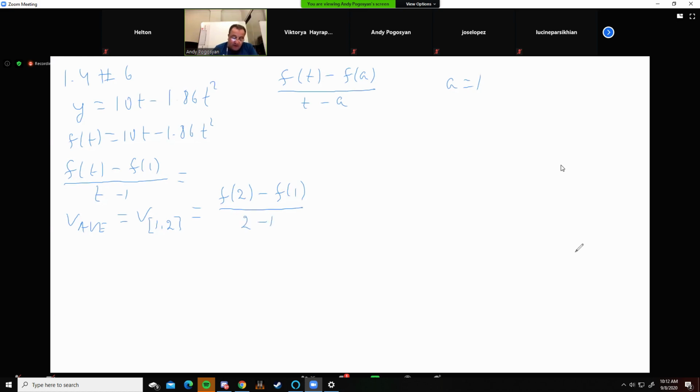Find the approximate value for this one. And then find V from 1 to 1.5, which would be f of 1.5 minus f of 1 over 1.5 minus 1. And then V from 1 to 1.1, 1 to 1.01, 1 to 1.001. Find those values.